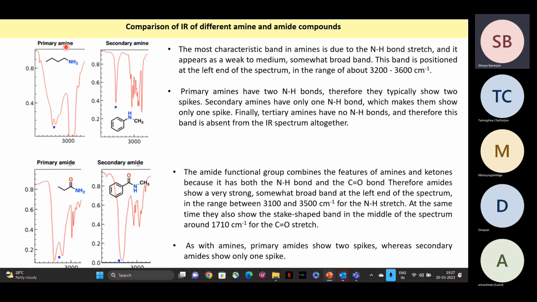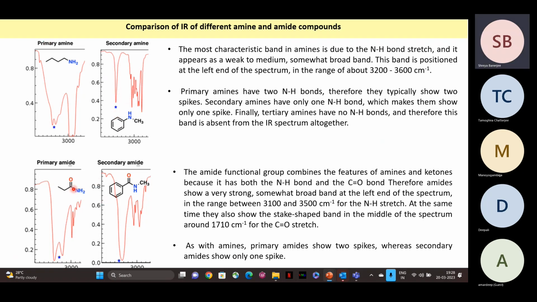Then different kinds of amine will give different signals. So if you have a primary amine, which is NH2, there are two NH bonds, and so there are two peaks for the two NH bonds. Secondary amine has only one NH bond, and so there is a single peak. In tertiary amine, there is no NH, so there will be no peak for the NH.